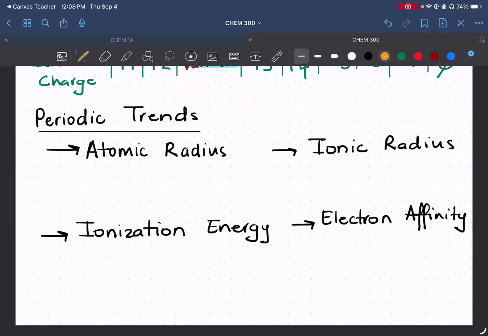Let's just quickly define these terms before we jump into their trends.